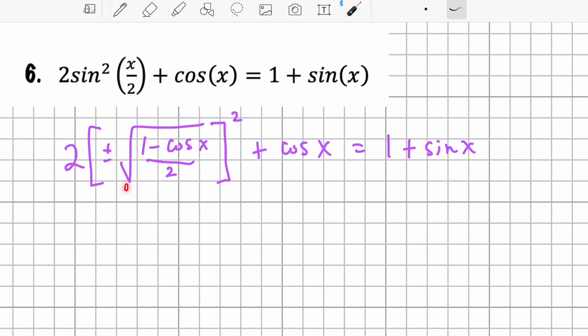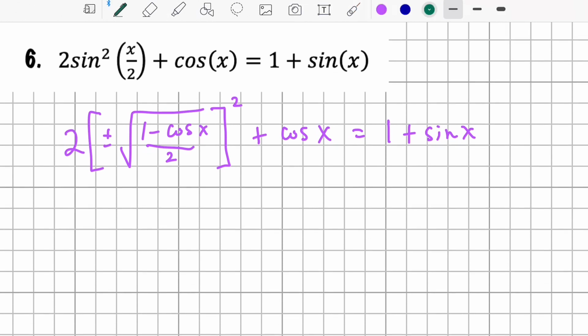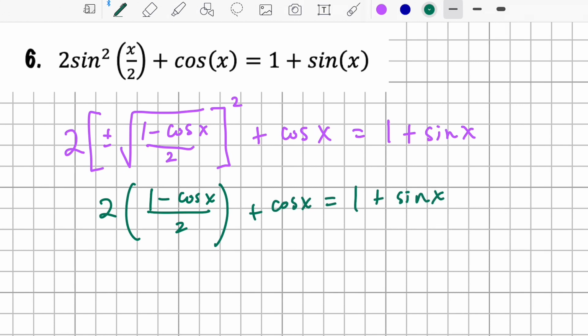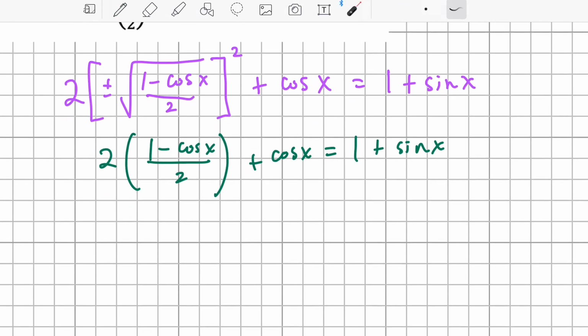It's going to become a positive. The square root is gone also. So now we have 2 times 1 minus cosine x over 2 plus cosine x equals 1 plus sine x. So now what happens is that these two cancel out. I can literally just cancel them out.